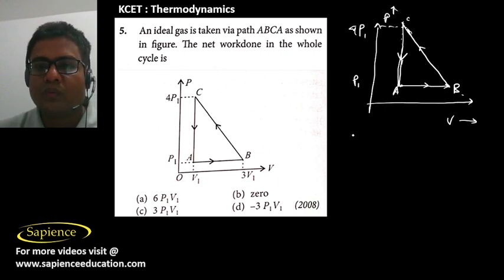Now we know that work done, from here to here the volume is increased, so from here to here the volume decreases, so here the work done will be negative and this is positive work done, and here there is no work done since volume is constant.